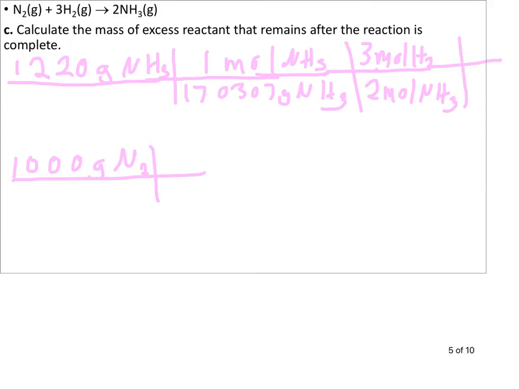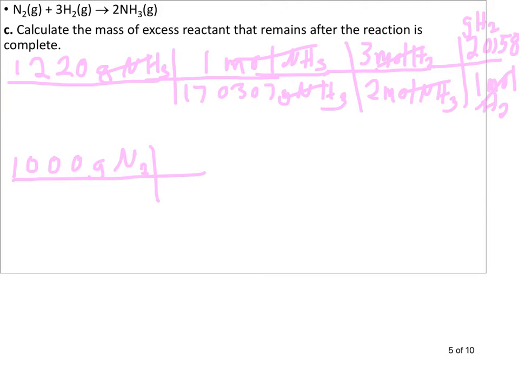And then we switch that. Now let's go back and cancel a few things. Moles. And 1 mole of hydrogen is 2.0158 grams of hydrogen. Moles cancel moles.